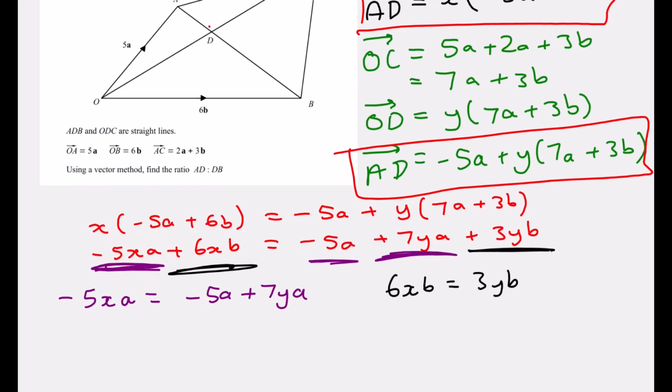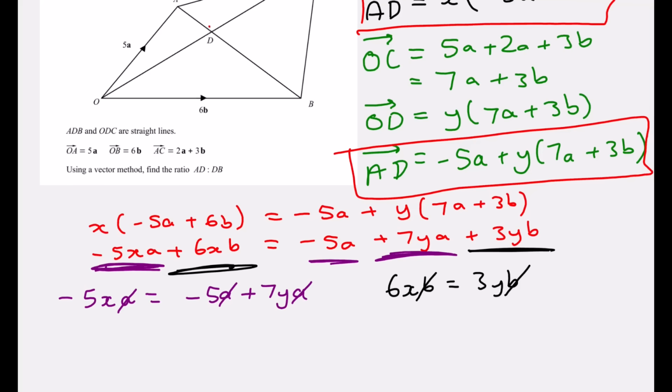Now, in these A equations and B equations, it's all in terms of A and B, so we don't need to write them. You can think of it as dividing through by them. They're not necessary. They're on both sides. So 6x must equal 3y if 6xB equals 3yB.